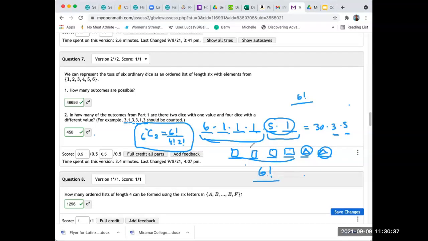But then because 2 of them are identical, you have to divide by 2 factorial, because when you switch these wherever they're located, then that's going to cut your number of different choices in half. So you divide by 2 factorial. And because 4 of these repeat, then you have to divide by 4 factorial, because that's how you can arrange these 4 identical things within each other.